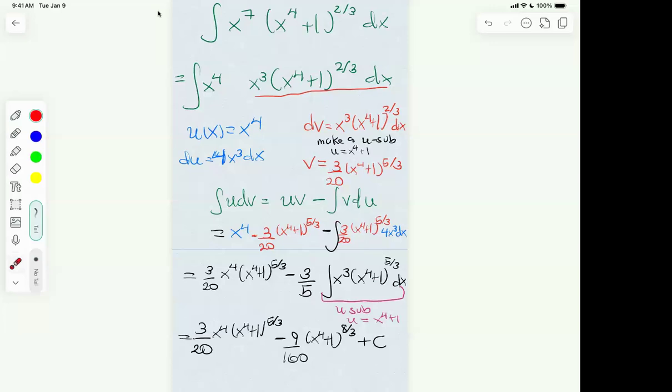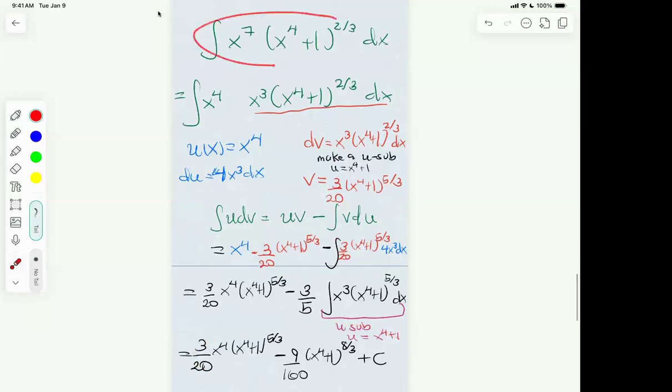So all of this equals the antiderivative of x to the 7 times x plus x to the 4 plus 1 to the 2/3. Again, if it were not for integration by parts, it would not be very plausible to find this in terms of a closed formula. So it is really magical, the integration by parts.